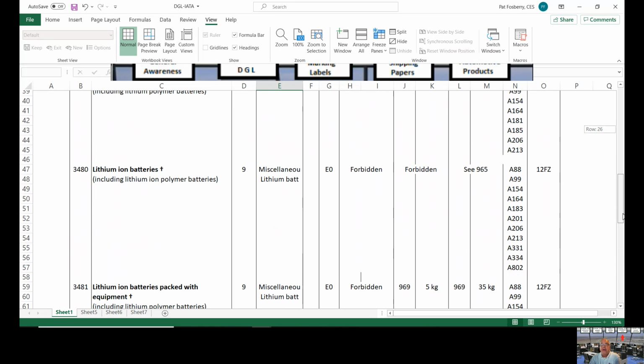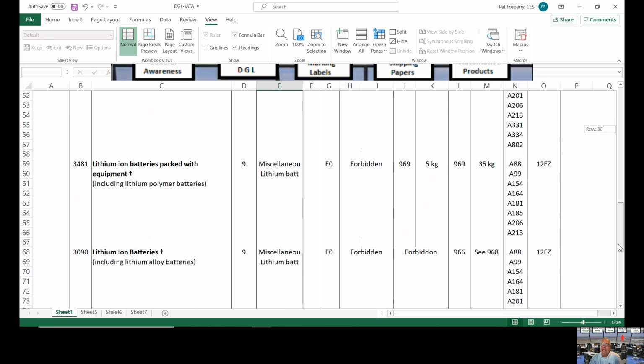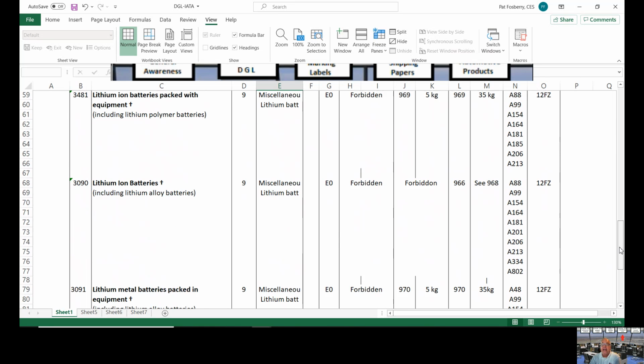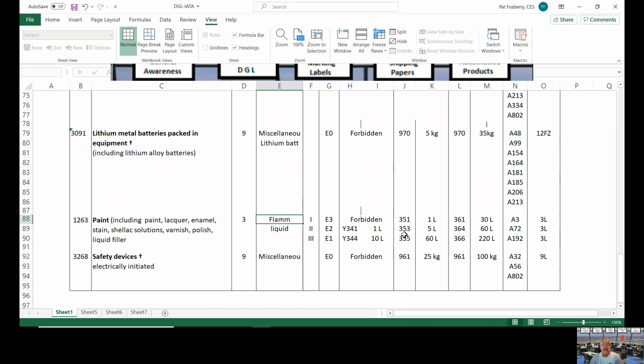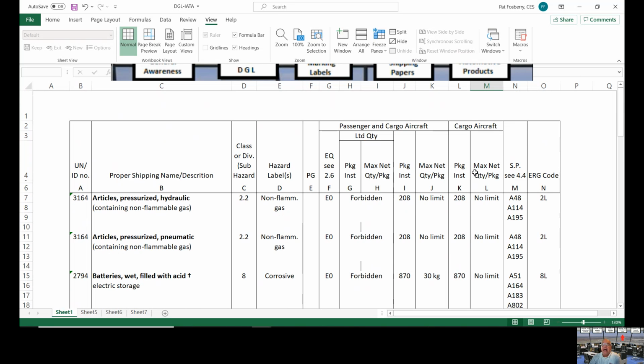But lithium-ion batteries is one of the few that does get a little bit tricky, and they are very different for each type of lithium-ion battery. But you kind of see that pattern there. Here it's 4 times more, 25 kilos to 100 kilos, those are your maximum net quantity per package, and that's your inner package. So I don't think you're going to be dealing with those.